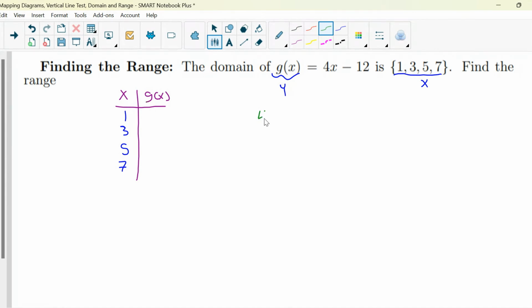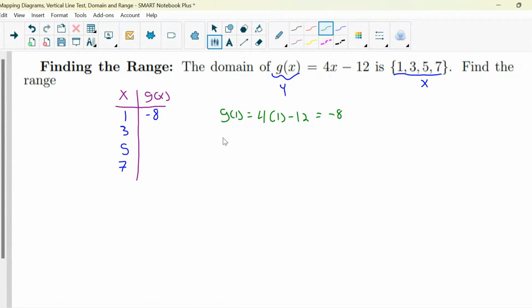So in my first one here, this would be g of positive 1. This is when we're inputting 1 into our function. This would be 4 times 1 minus 12. Okay, 4 times 1 is 4, minus 12 gives me negative 8. So negative 8 would be my g of x value.